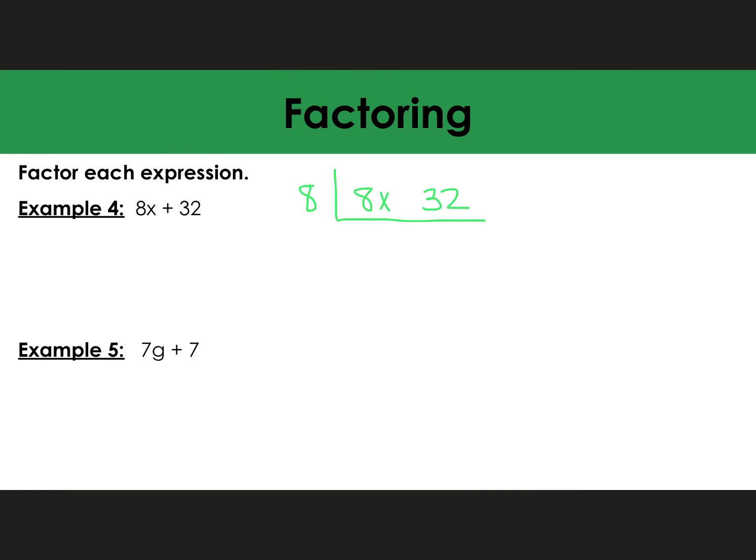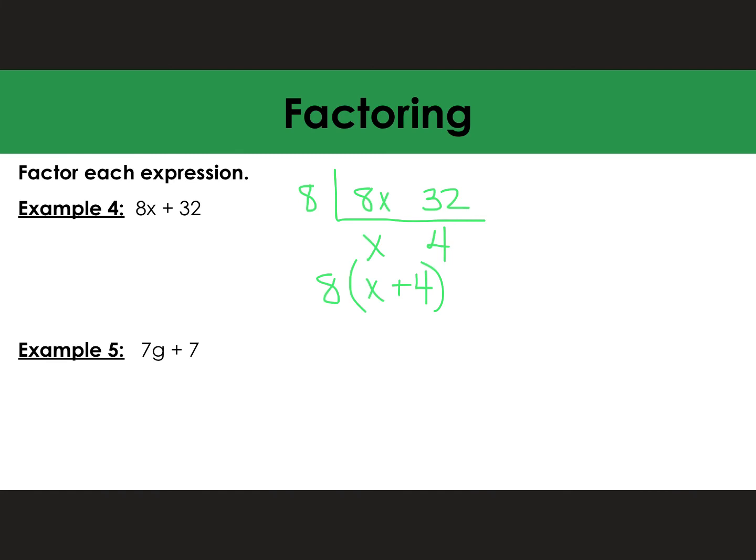And then I say, well, 8 times what equals 8x, and I'm left with x. And then 32 divided by 8 is 4. I cannot factor anything out of x and 4. So 8 is my GCF, so that goes out front. And then I bring everything else, and that's what's inside the parentheses.